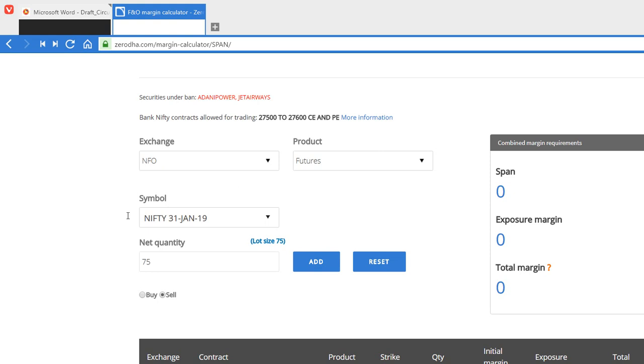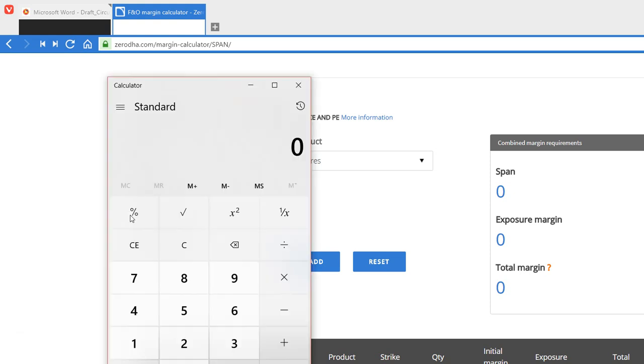So if a Nifty 11,000 call is going at around 80 rupees, you buy one lot, and 6,000 is the only amount blocked, because this is the maximum. The risk is defined. You are going to lose a maximum of 6,000 rupees in case this becomes zero.